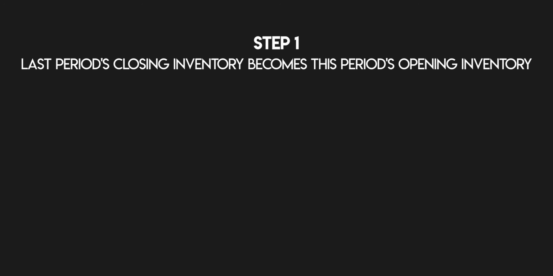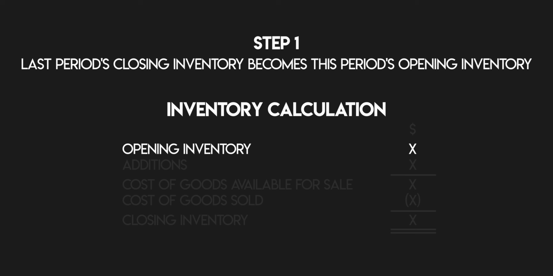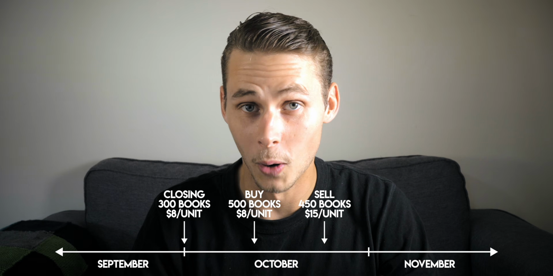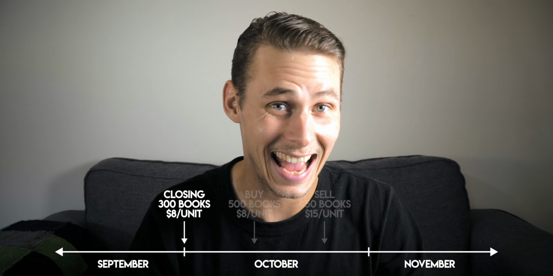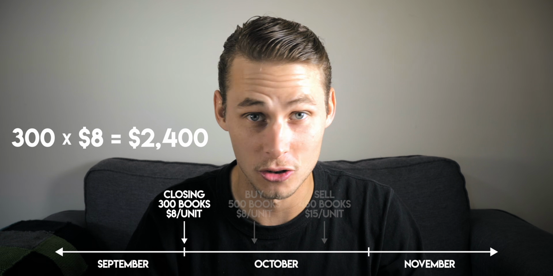Step 1. Last period's closing inventory becomes this period's opening inventory. If we refer back to our calculation, we're thinking about this top line, opening inventory. This is your beginning inventory, the inventory that you have on hand at the start of October. How do we know that? Well, we said you closed out September with 300 books costing $8 per unit. 300 multiplied by $8 gives you $2,400.